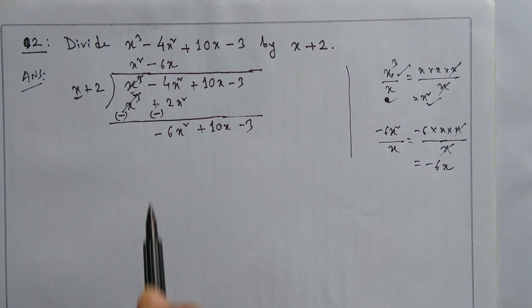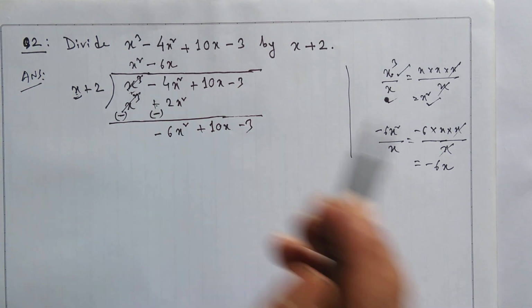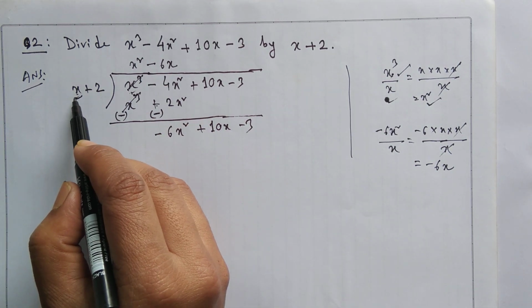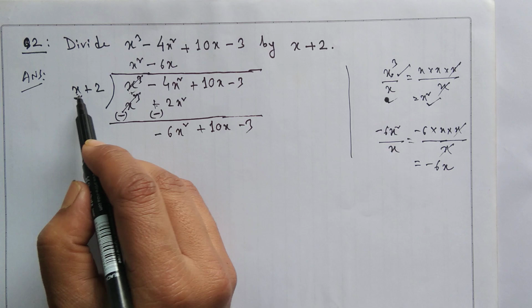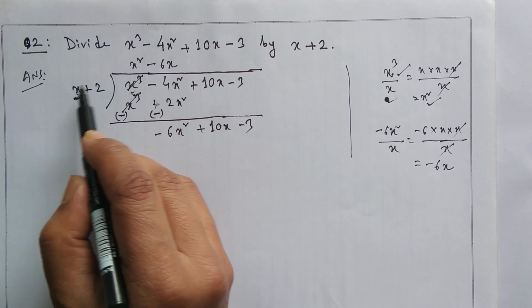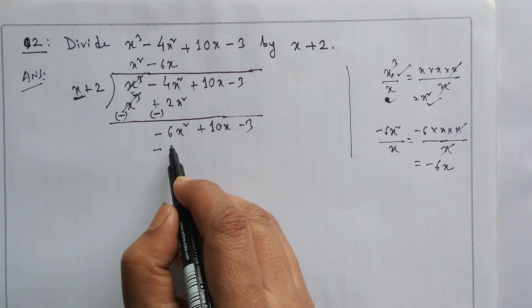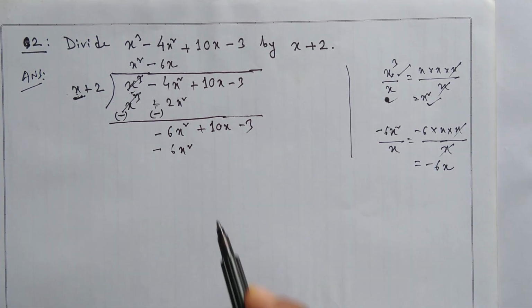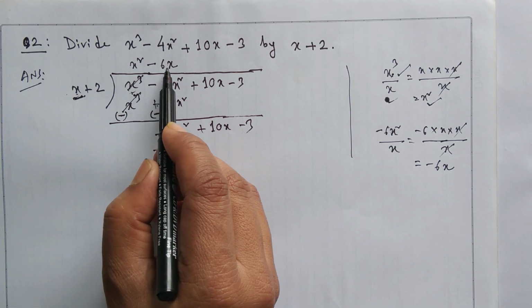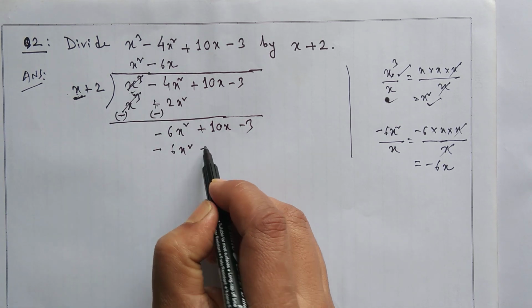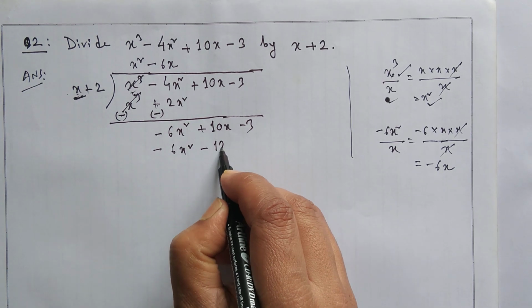But be very careful. This minus 6x, you need to multiply with x as well as with 2. First of all with x: here plus, here minus, plus minus is minus. 6x into x will be 6x square. As I have already mentioned, this minus 6x you now have to multiply with 2 also. So plus minus is minus, 6 times 2 is 12x.